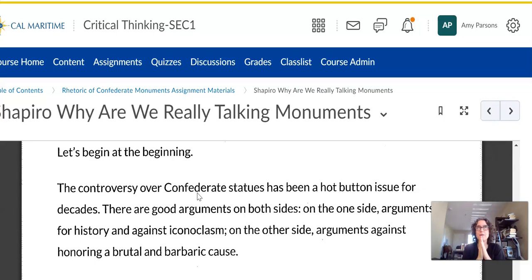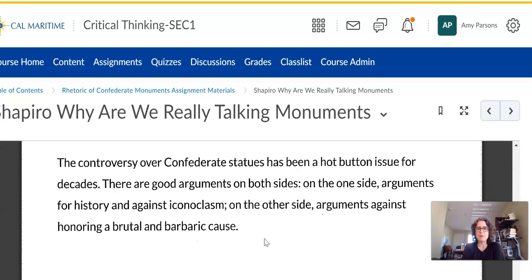He says that what has happened to the debate about what to do with these monuments is that a national movement on the left and a national movement on the right have co-opted this issue and used it not as a way to solve a real complicated historical problem, but as a way to attack and demonize each other. And I think that's really smart, and I think he's doing rhetorical analysis of his own, and I really like that about this.